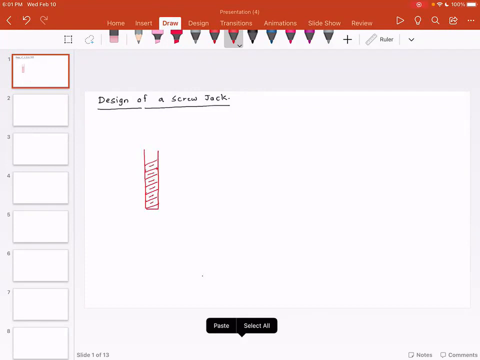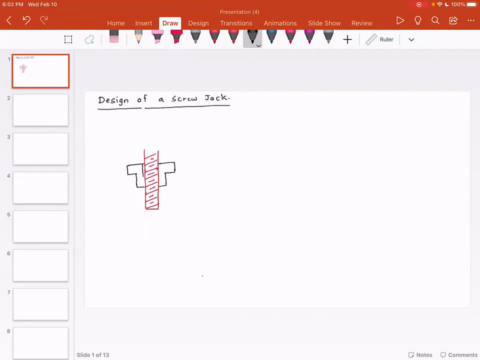Then there is going to be a nut, and this nut is going to hold the screw in place.